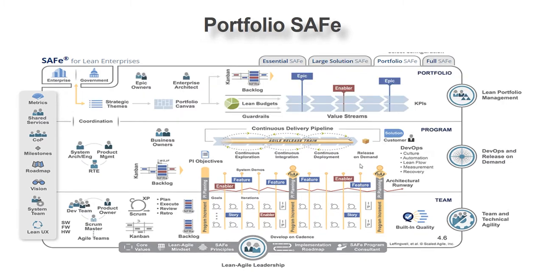Then we have the portfolio SAFe. This is where we are talking about funding. You would require constant funding for something that you are doing. So if you have an ERP package, it's something that would require constant funding, and that's where the portfolio SAFe would come into picture.